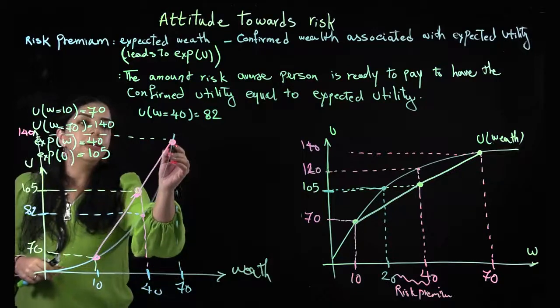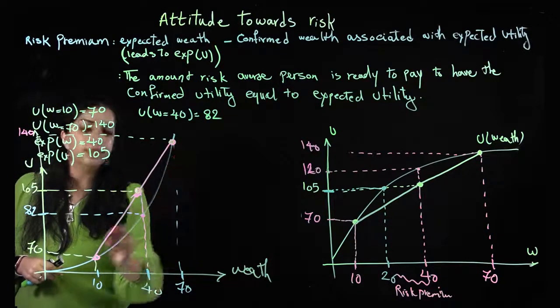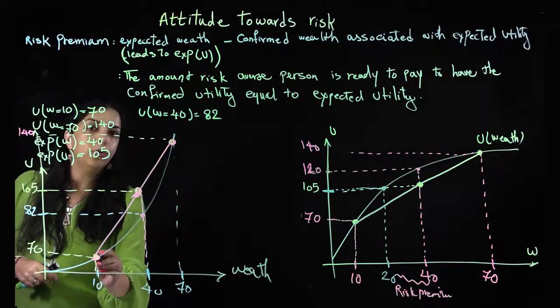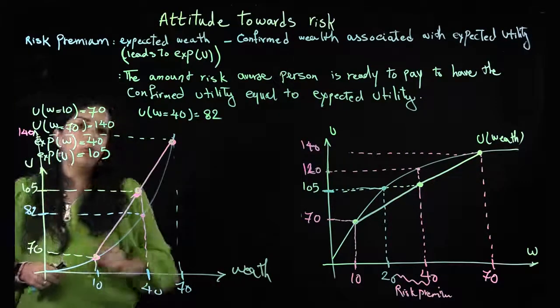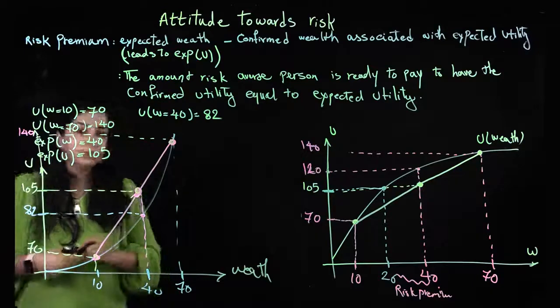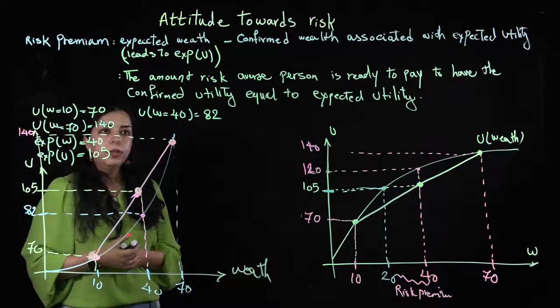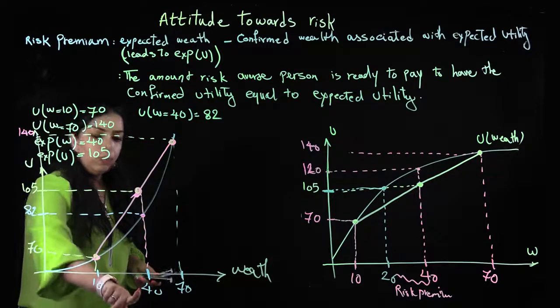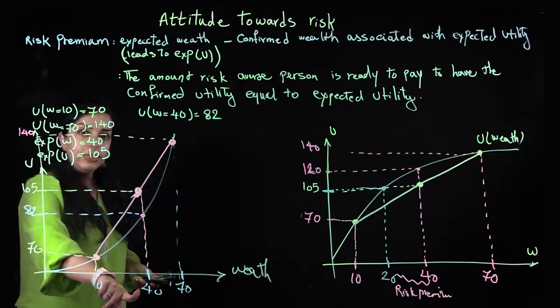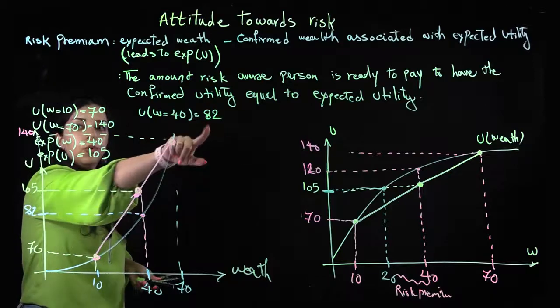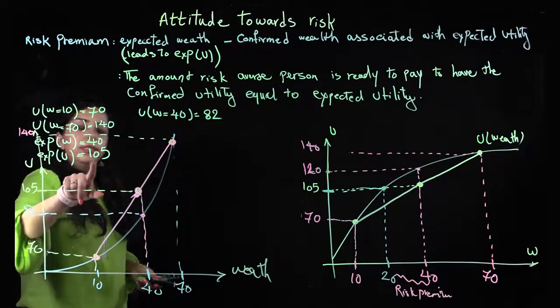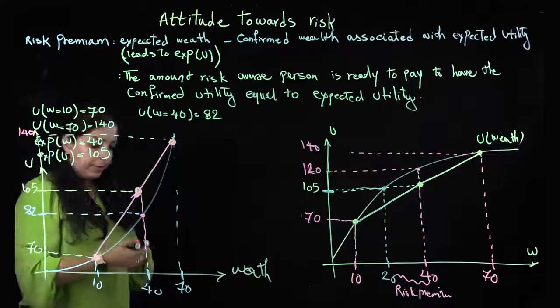So we get the expected utility of these two points, and the expected utility between these two is equal to 105. Now, for the wealth of 40, how much is the confirmed utility? 82. How much is the expected utility? 105.